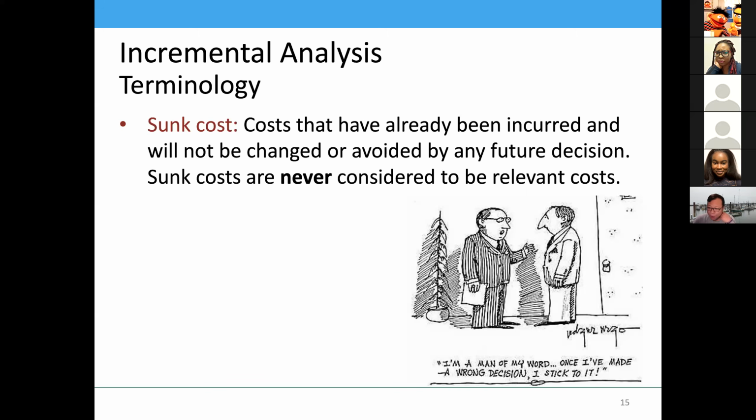But at this point, maybe it's too late. You are not able to get any money back, so therefore, it's a sunk cost. At the beginning of the semester, it's really about the policy, the contract you have with the university.